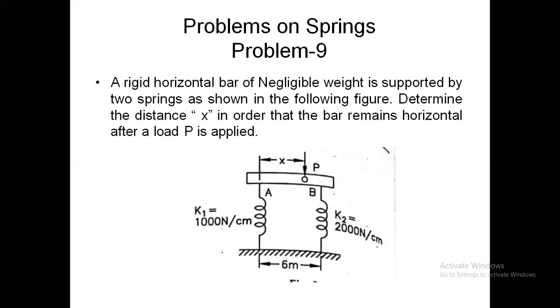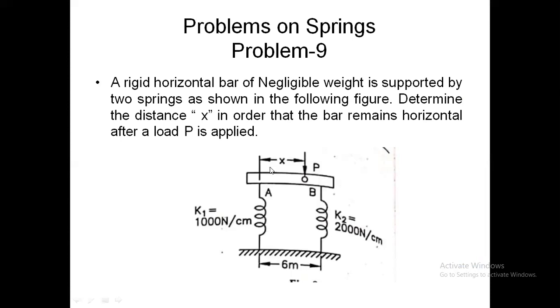See how practical an application this problem is. There is a rigid horizontal bar of negligible weight supported by two springs, but the load is not at the center. The load is applied with some eccentricity.